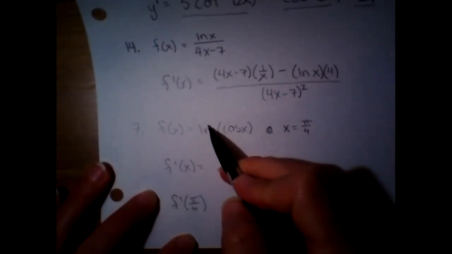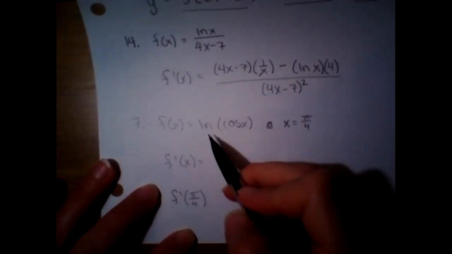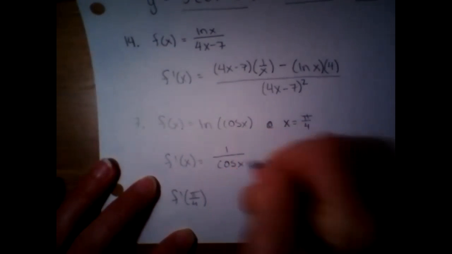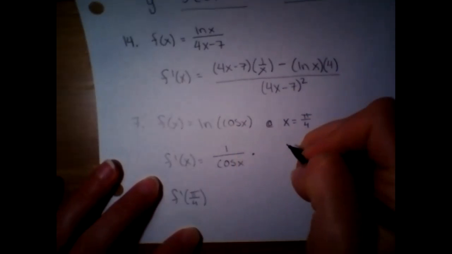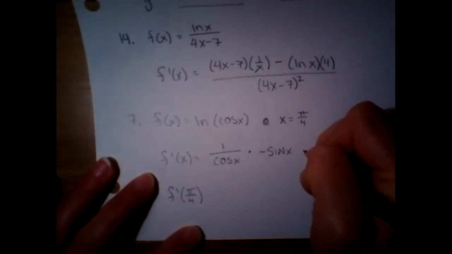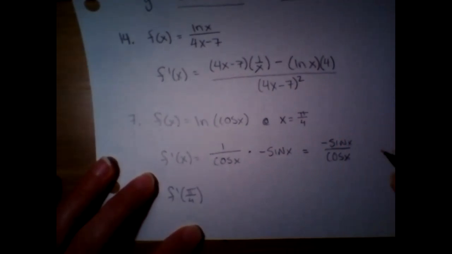So this is a chain rule. ln is the outside function, cosine is the inside function. So derivative of ln is rational. That'll be 1 over whatever's inside. And then we're going to chain on the derivative of cosine, which is negative sine.